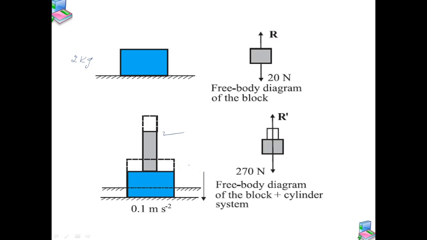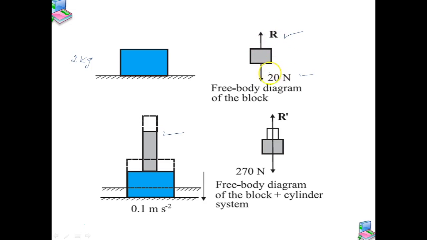So the block is at rest on the floor in the first case, isn't it? Its free body diagram shows two forces on the block. One is the normal reaction R and another one is the weight, isn't it? So the force of gravitational attraction by the earth is equal to 20 Newton and the normal force R of the floor on the block. By the first law, the net force on the block must be 0, isn't it?